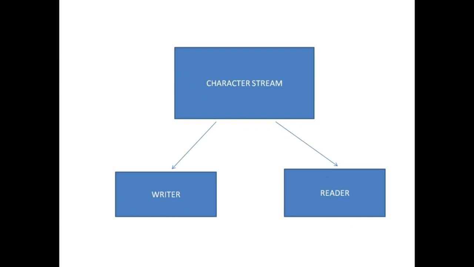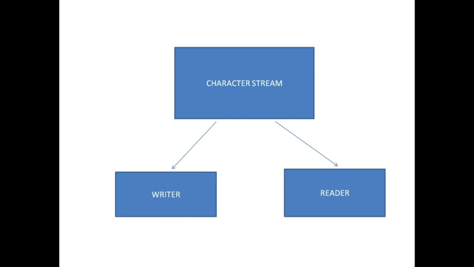So the type of data we deal with in this class is strictly character data. I think I have made myself pretty clear now. Now we have two classes here.